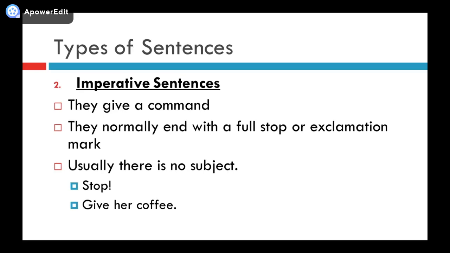Usually there is no subject, right? So, stop! Stop means what? You stop, right? So you is your subject, which is not there in this imperative sentence. Sometimes it is omitted. Give her coffee. There is a command, right? So these sentences give us a command or there is some sort of compulsion. They will usually end with a full stop or an exclamation mark. Okay.